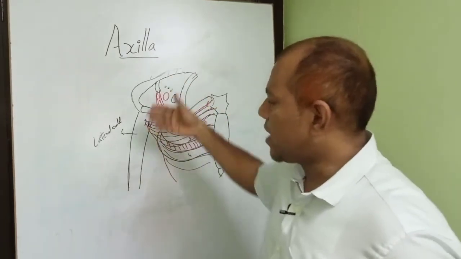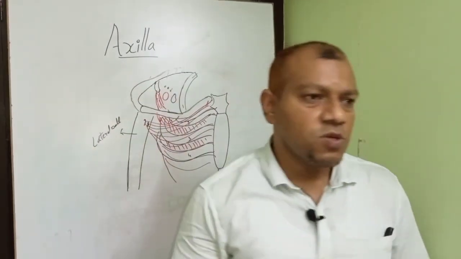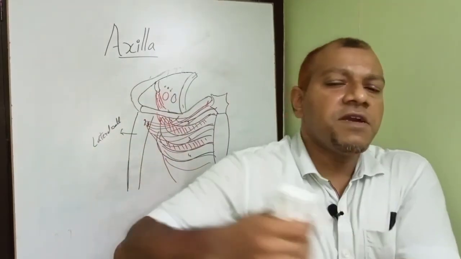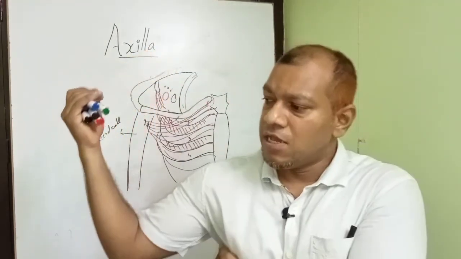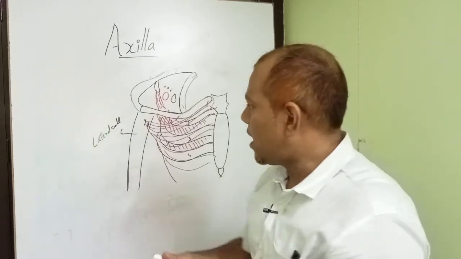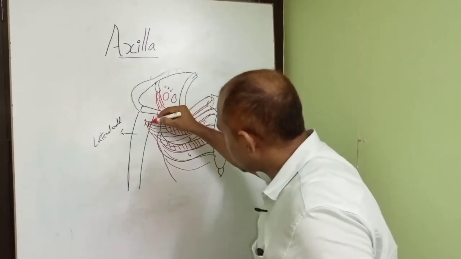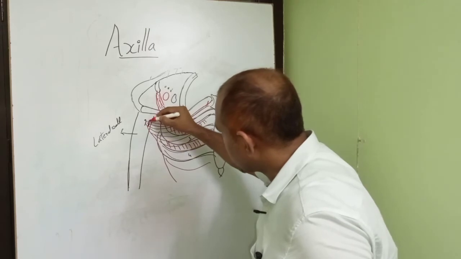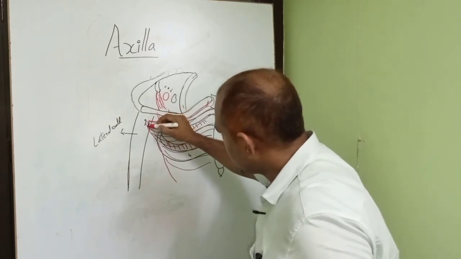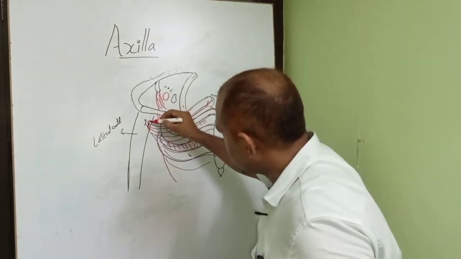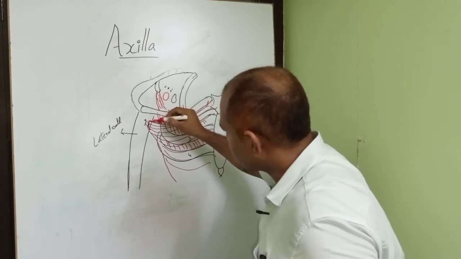Then what is present behind? Behind we can identify the subscapularis muscle, which is extending upwards and reaching the lesser tubercle of the humerus, and those muscle fibers form the subscapularis.